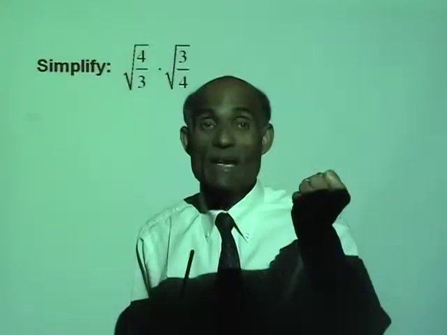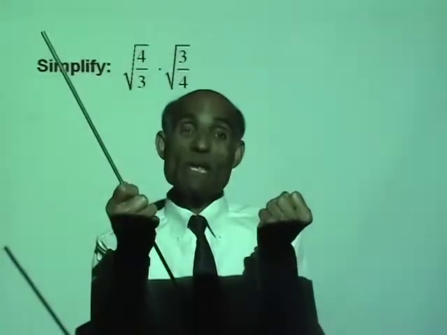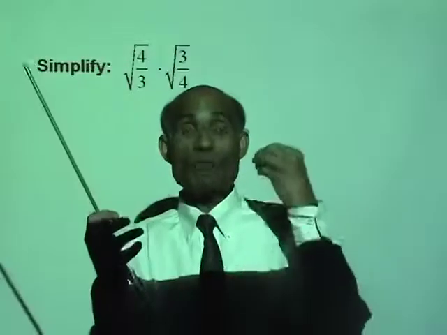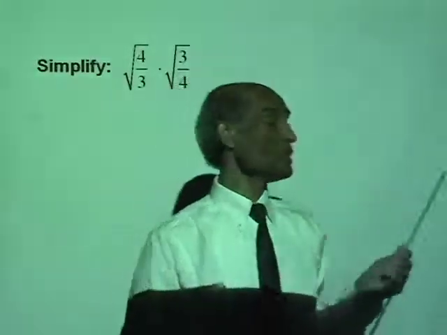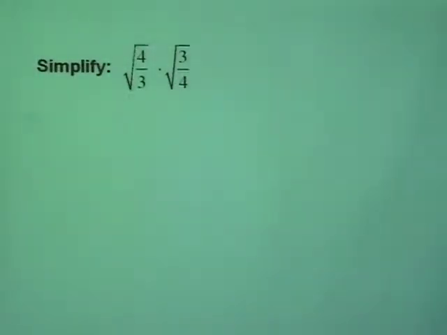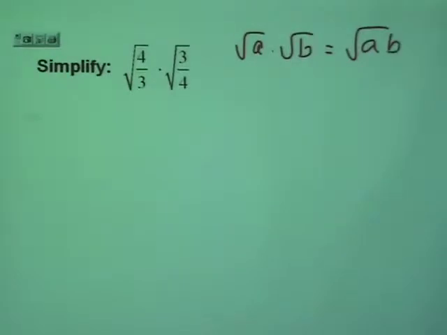Square root of a times square root of b is square root of a times b. You see, those rules are very important. You must be able to use them in any possible way. Square root of a times square root of b is square root of ab.